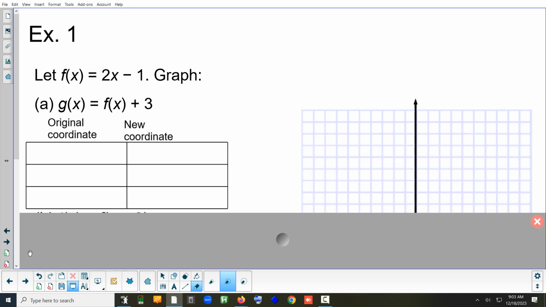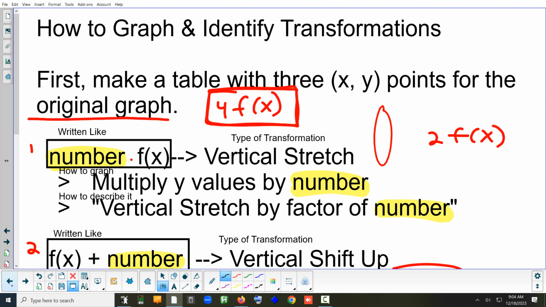So it says, here's our original graph, and this is describing what they want us to do to it. Let's just see if we can figure out what that means first. They're telling us to do a +3, and it's on the end. So let's go back to our table and see if we have one that says plus a number on the end.